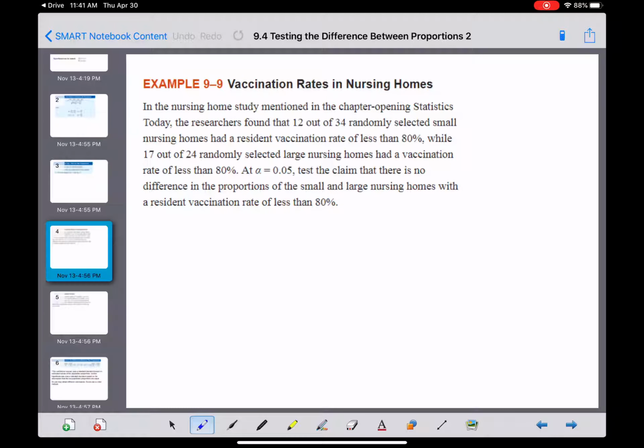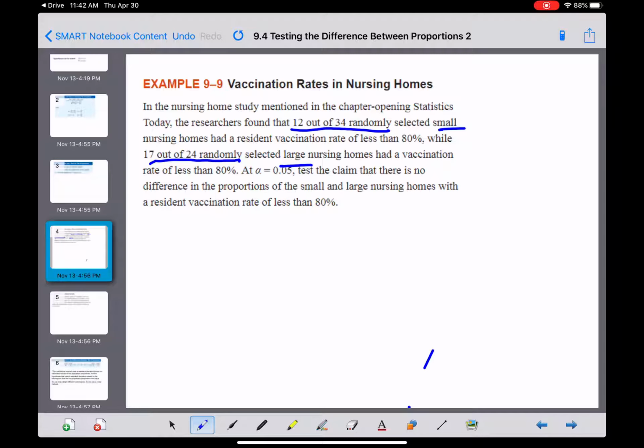Going to example 9.9. In a nursing home study mentioned in the chapter opening of Statistics Today, the researchers found that 12 out of 34 randomly selected small nursing homes had a resident vaccination rate of less than 80%, while 17 out of 24 randomly selected large nursing homes had a vaccination rate of less than 80%.